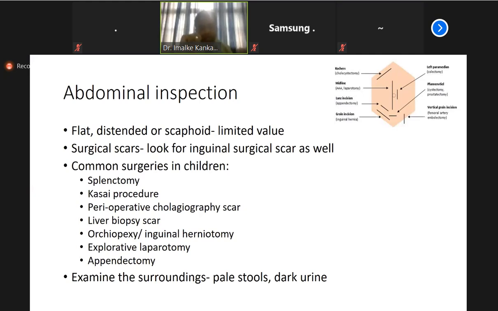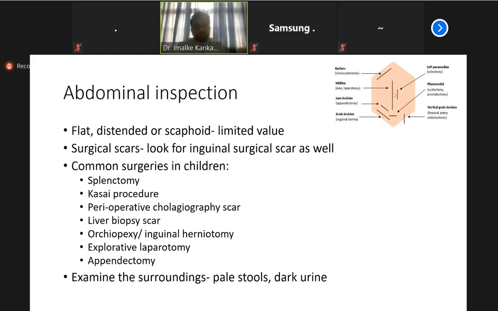Surgical scars are very important. Because of that, do not miss inguinal surgical scars. For that, you will have to have adequate exposure. Ideally, it says up to the mid thigh, but we don't recommend you to do it at the exam. Do not expose genitalia, but you can still look for the inguinal surgical scar.